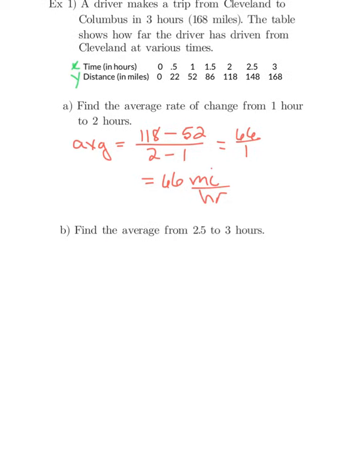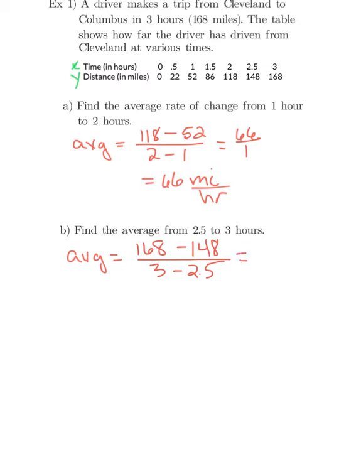For example B, we want to find the average from 2.5 to 3 hours. So our average rate of change here is, at 3 hours we had driven 168 miles, minus at 2.5 hours we had driven 148 miles, over 3 minus 2.5.